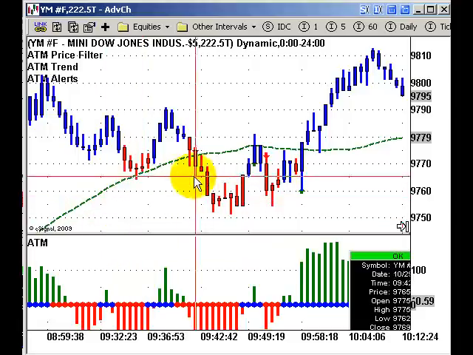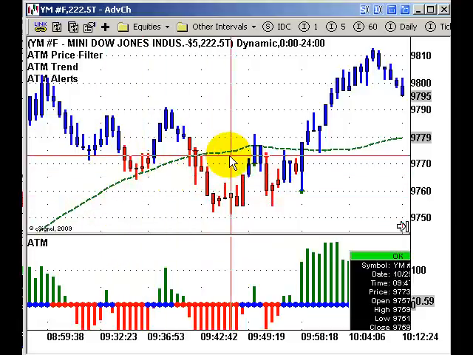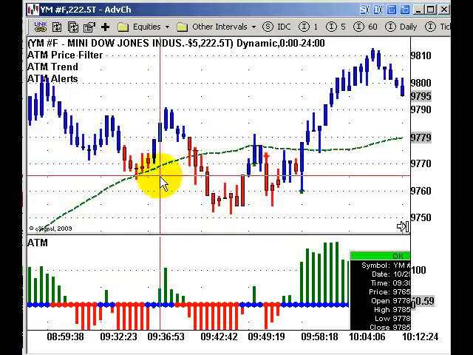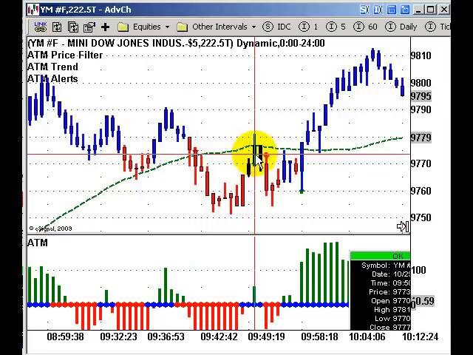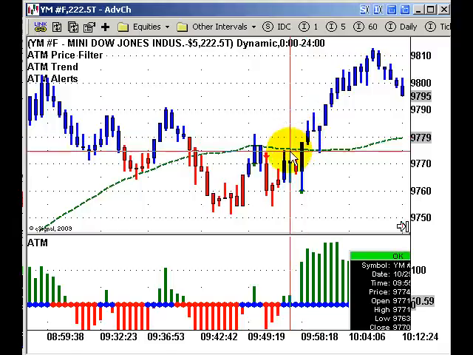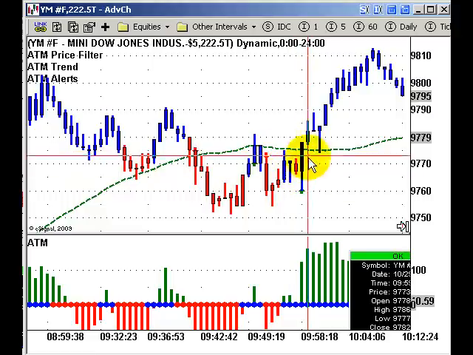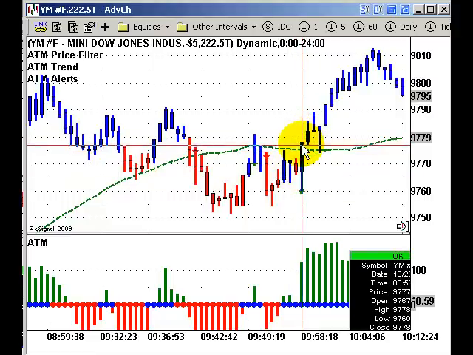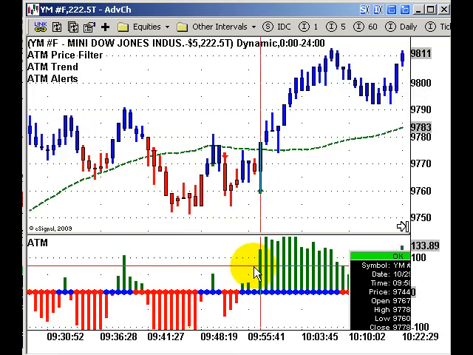Okay, now we're coming in. We're looking at our trend line is favoring longs here. And here we get a setup. We get our blue price filter bar to close, kind of split that trend line, close above it. We see our momentum is positive here.